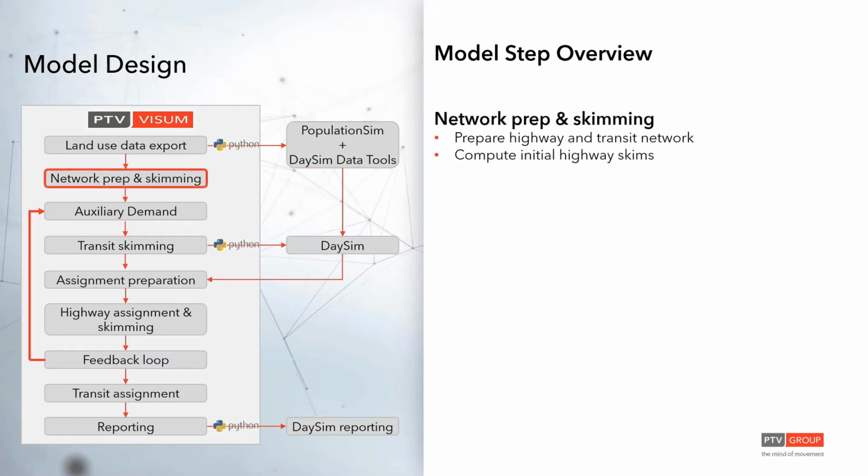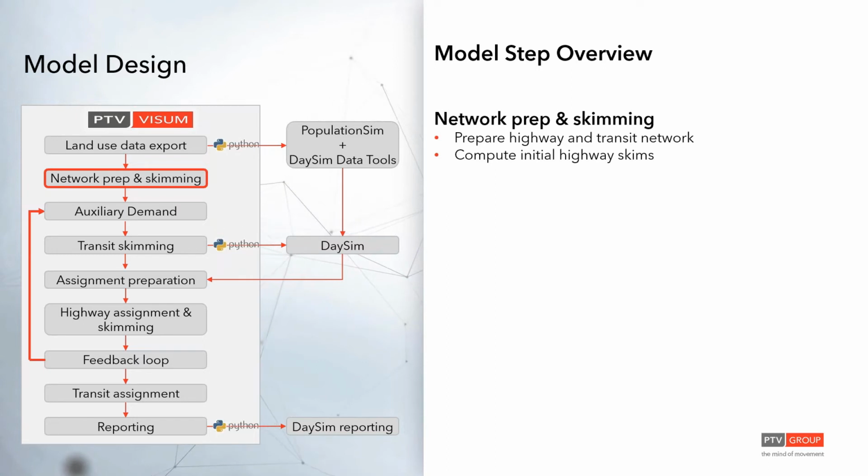And then next step is to prepare the network and then generate unloaded skims. So preparing the network would include things like applying the speed capacity lookup and coding speeds and capacities on links, or setting turn penalties, or fare points for transit network and things like that.